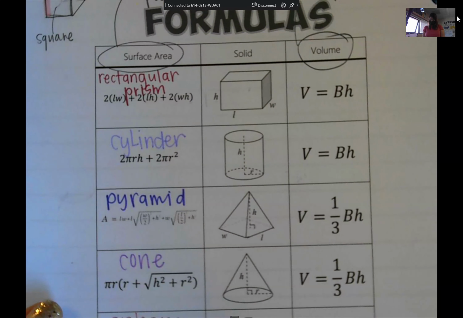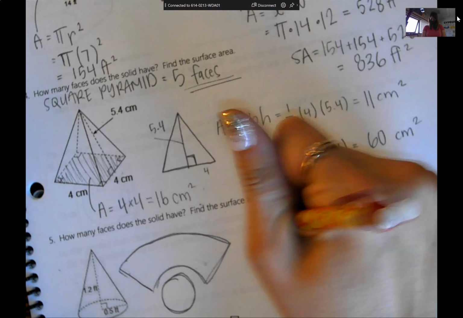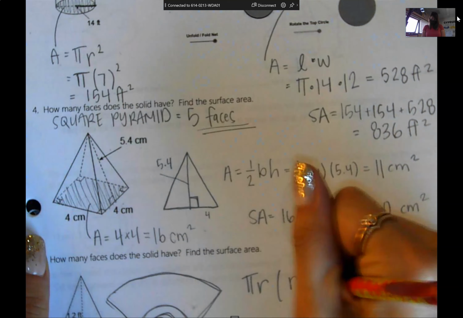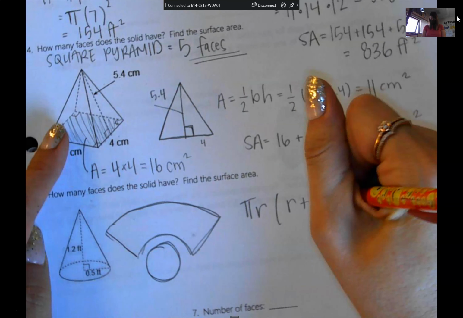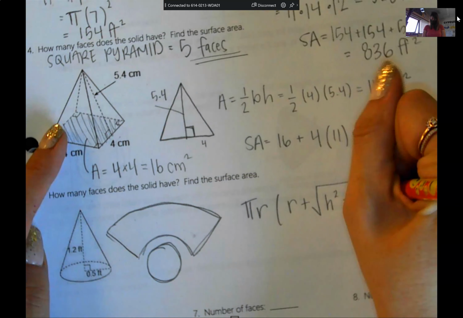So, formula is pi r times r plus root h squared plus r squared. Are these guys serious? All right, fine.